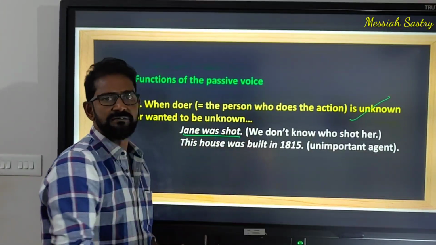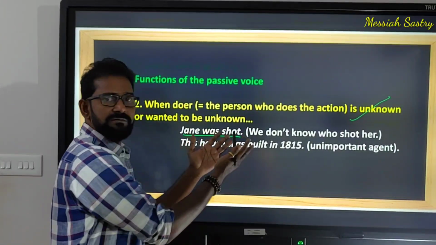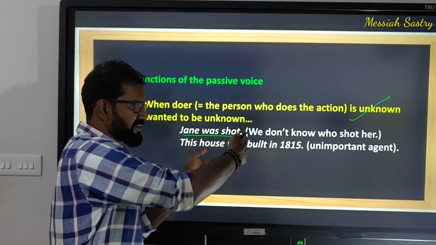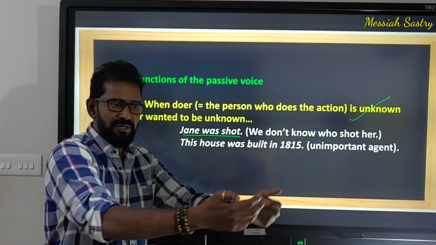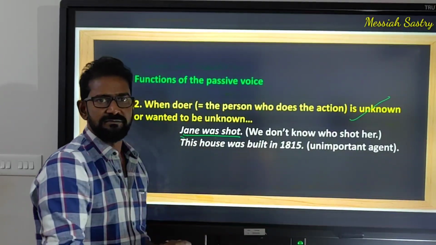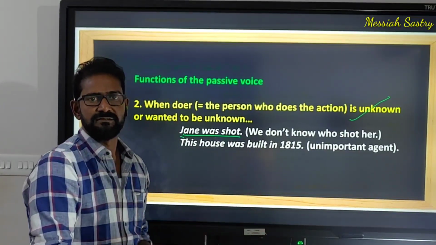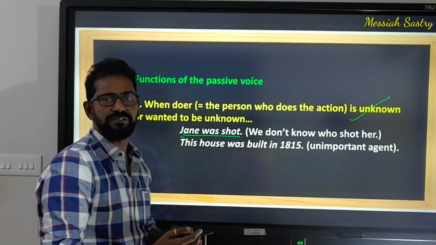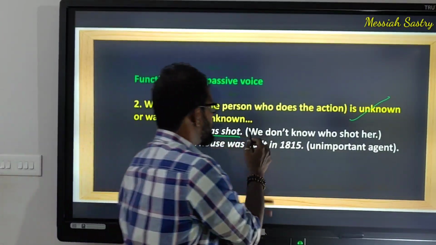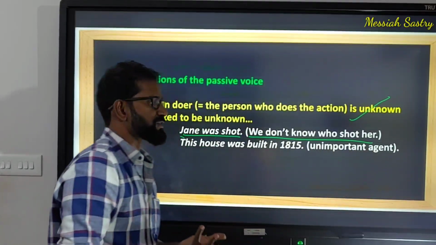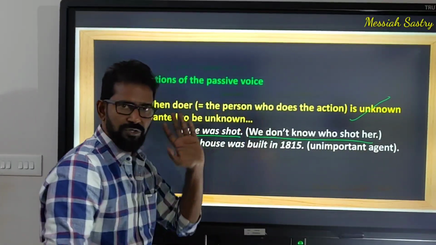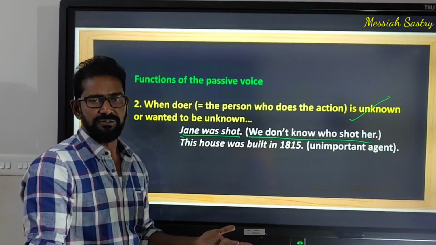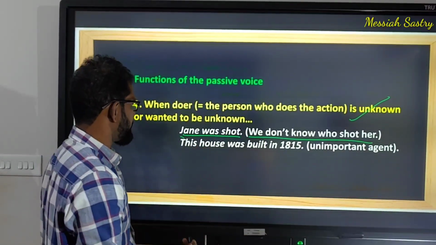Jane was shot. By whom? Don't know. So when you entered the room, you saw Jane. She was shot dead. And here, as we don't know who shot Jane, we need to express it in passive voice.